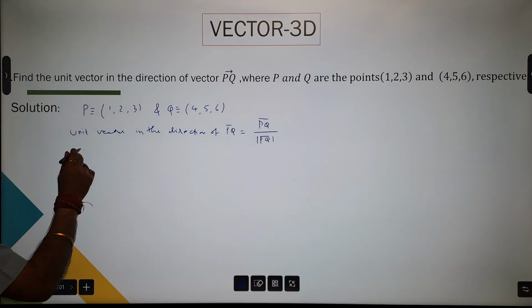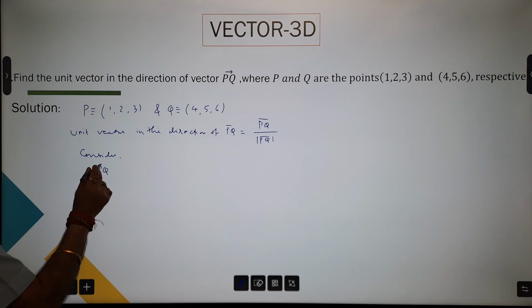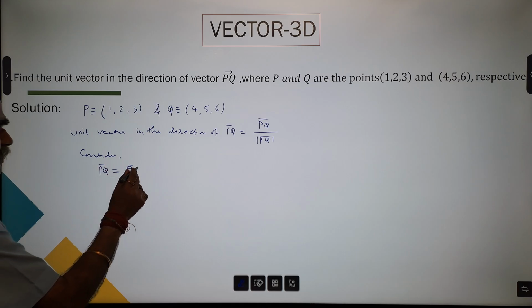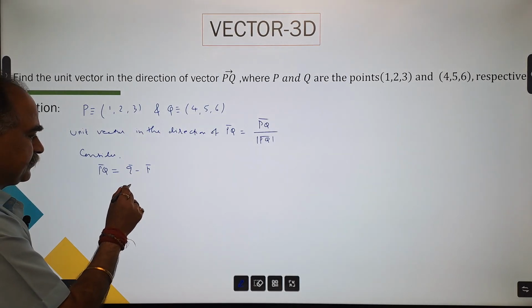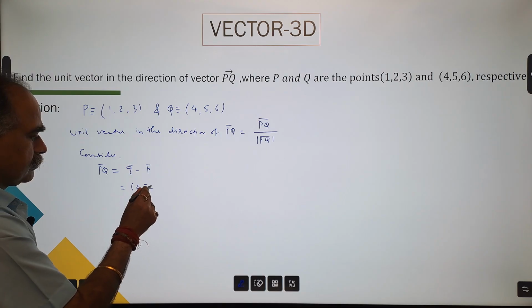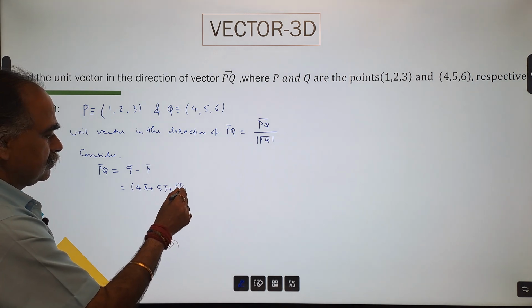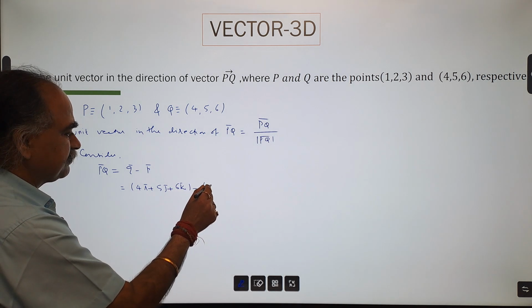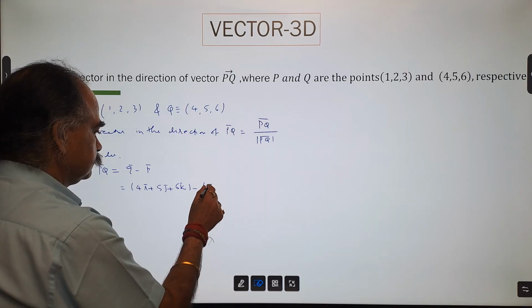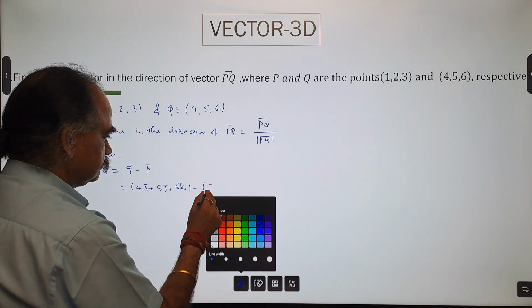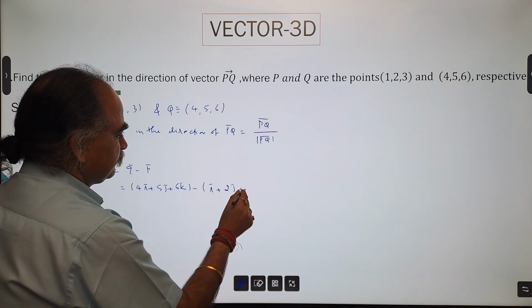So consider PQ bar, which is Q bar minus P bar. And Q bar is what? 4i plus 5j plus 6k, minus i plus 2j plus 3k.